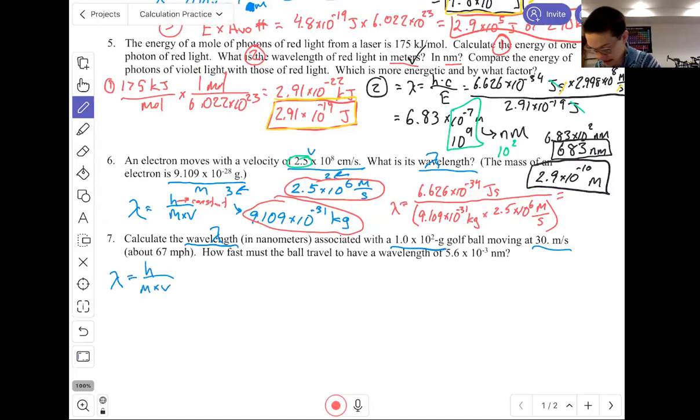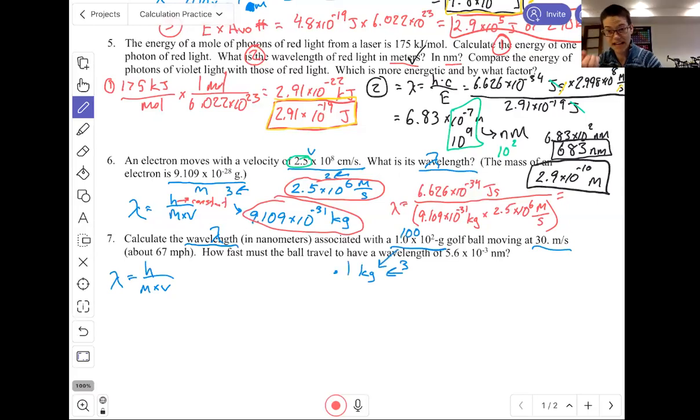My mass is in grams. I need it to go into kilograms. So that is, again, 3 places left. So 3 places left, that's going to be 0.1 kilograms.